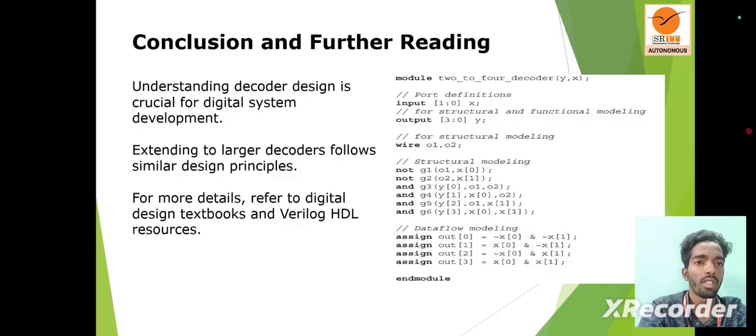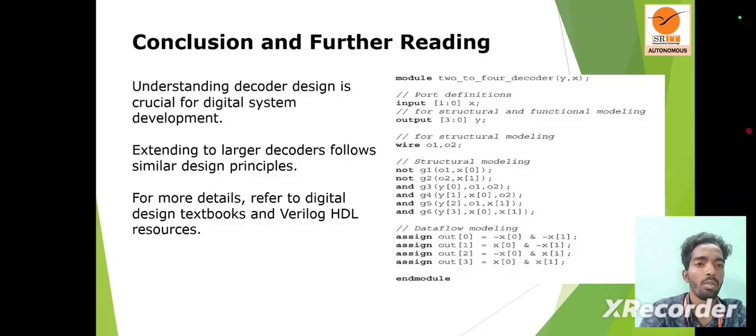Input [1:0] x, output [3:0] y, with NOT gates g1 and g2 on x[0] and x[1], and AND gates g3, g4, g5 and g6 driving y[0], y[1], y[2] and y[3].